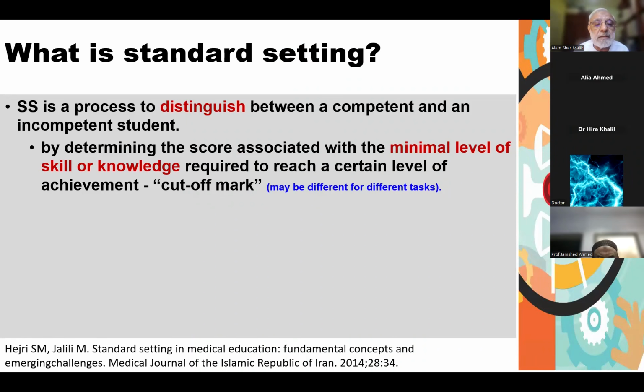It does so by determining the score associated with the minimum level of skill or knowledge required to reach a certain level of achievement, or cutoff mark. When we are deciding pass or fail, we have to have a minimal acceptable level of knowledge and skill. If the student has achieved that, then we say, okay, this student has passed. Otherwise, they may need further training.